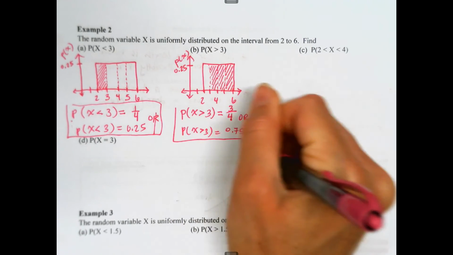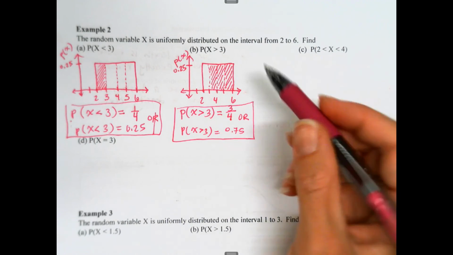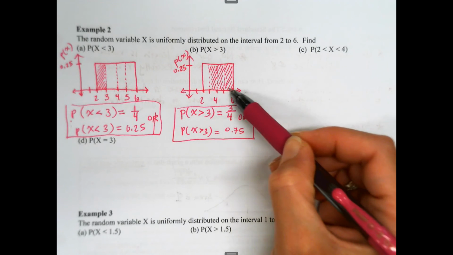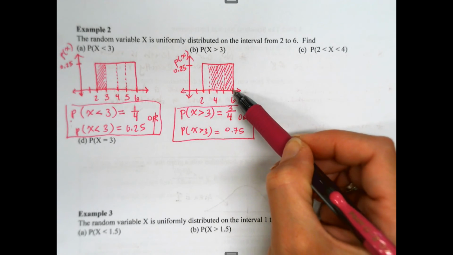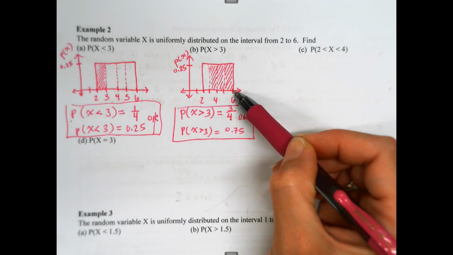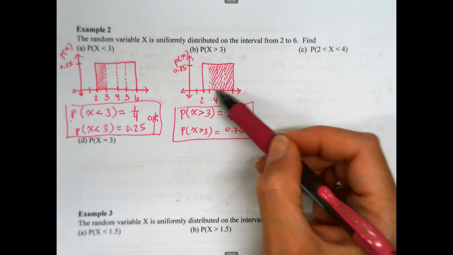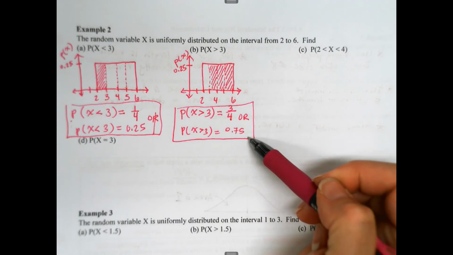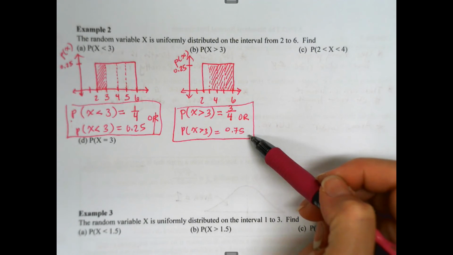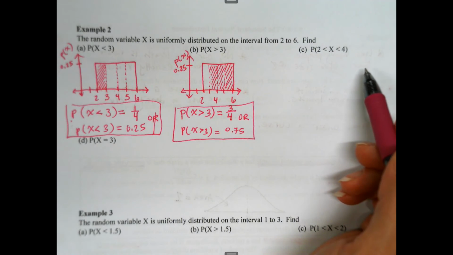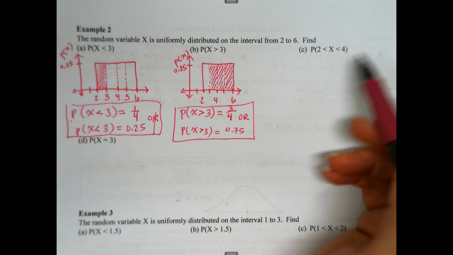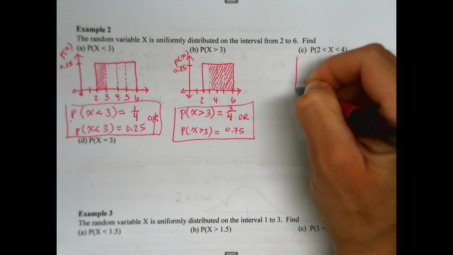Again, we could use algebra to help us out. We could say that this distance along the horizontal axis is 3. The height is 0.25 or a fourth, and 3 times 1/4 gives us 3/4 or 0.75. Part C says to find the probability that our x value is between 2 and 4.